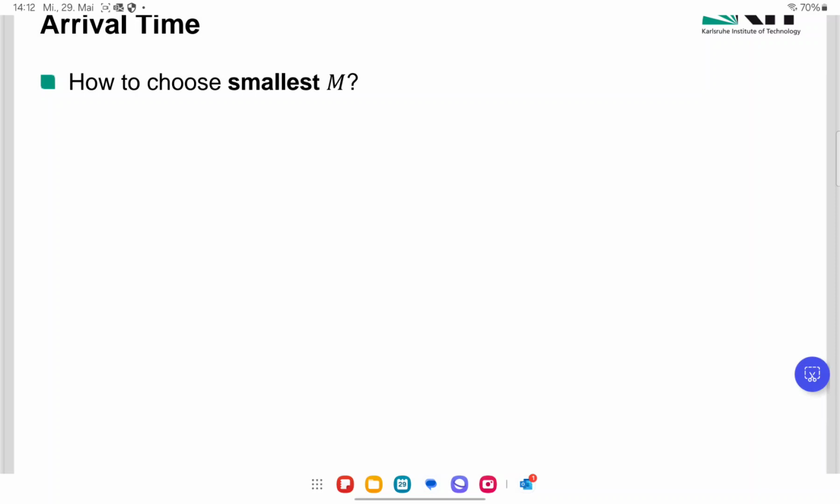Okay, so we have some kind of numerical issues if we choose M that is too large, and therefore every time we would like to restrict M to the smallest value so that we have a robust algorithm at the end. Okay, so the question is how to choose that.